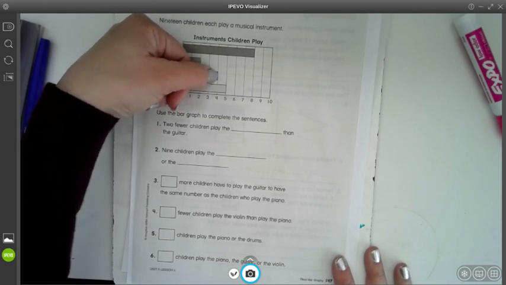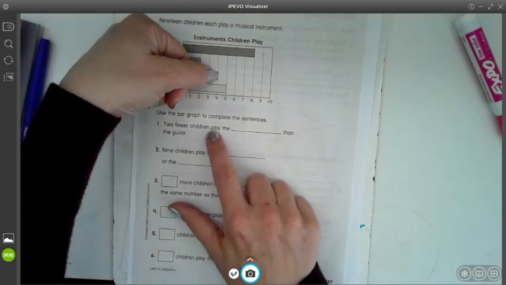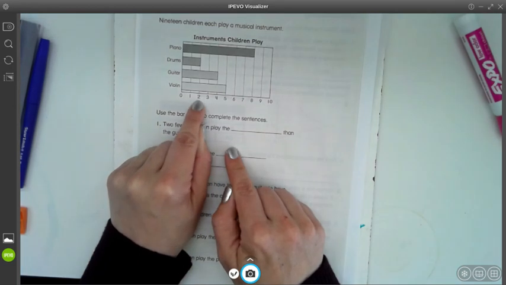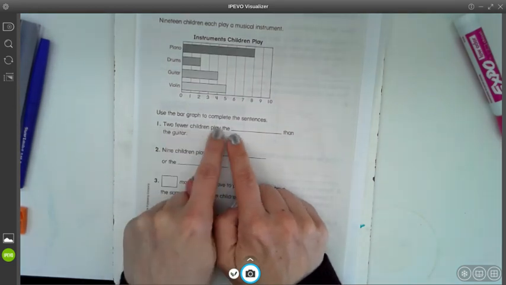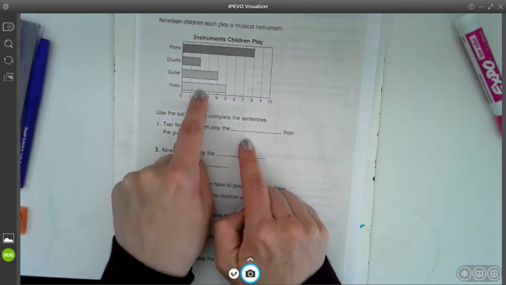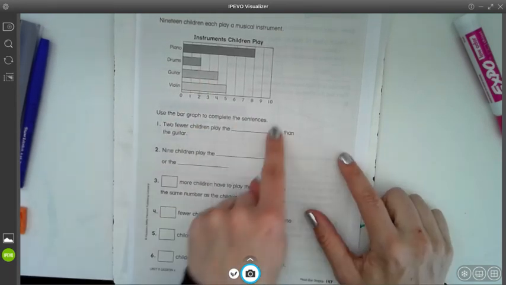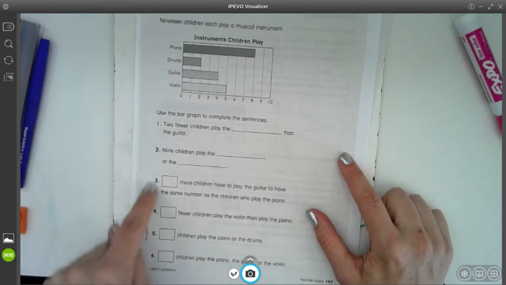So right now I see 4 people play the guitar. If I know that 2 fewer than 4 is 1, 2, then 2 fewer children play the what? Who only plays 2 fewer? The drums. So you would fill that in with the drums. So right here, you're just reading this bar graph.